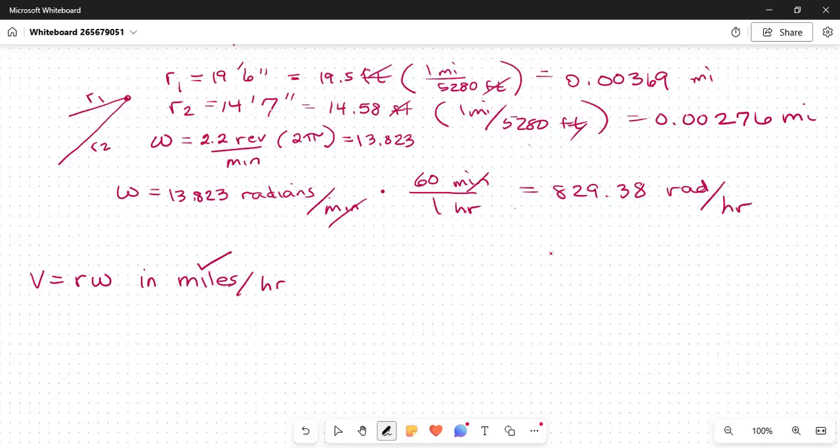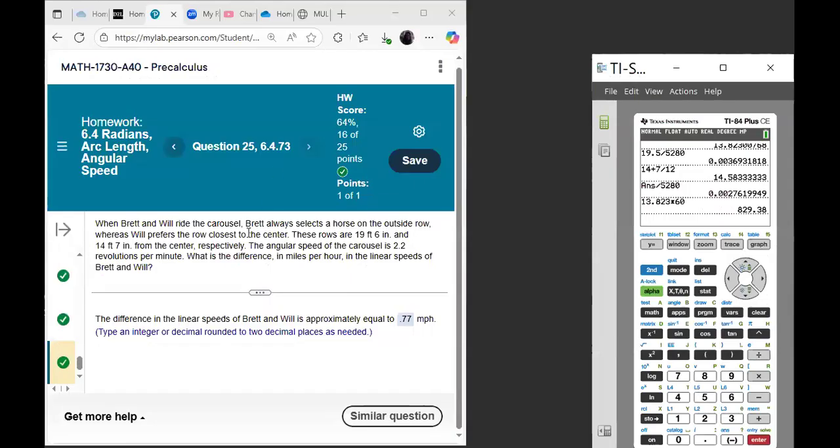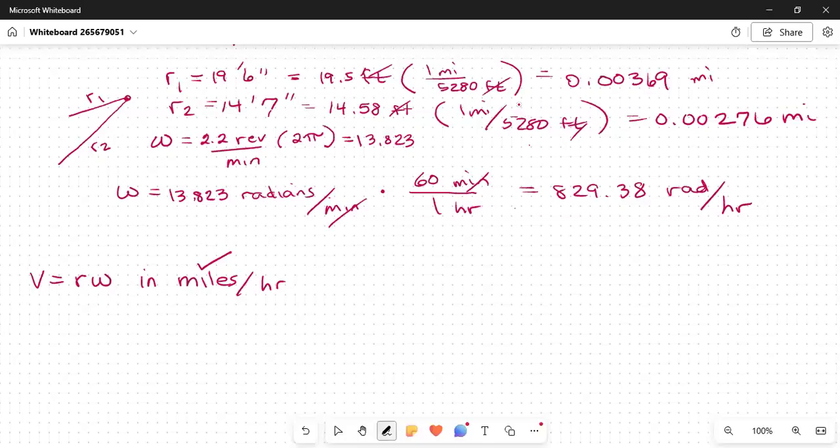Okay, now let's take a look at the problem again. What's the difference in miles per hour of the linear speeds? I want to express it in terms of the difference of the two speeds. So let's say V1, which is Brett's linear speed, minus V2, which is Will's linear speed.